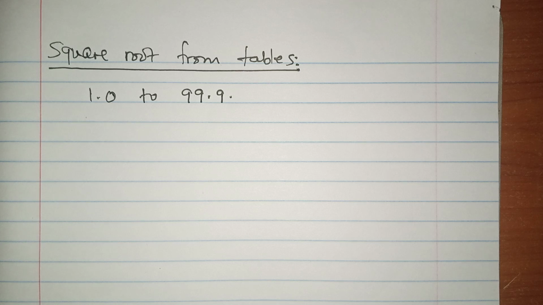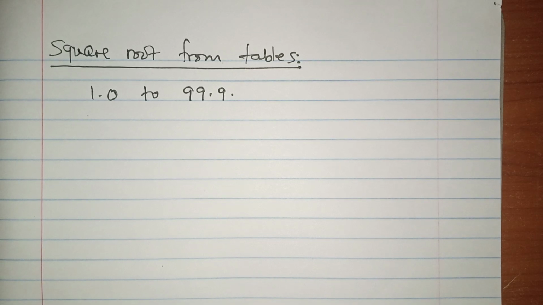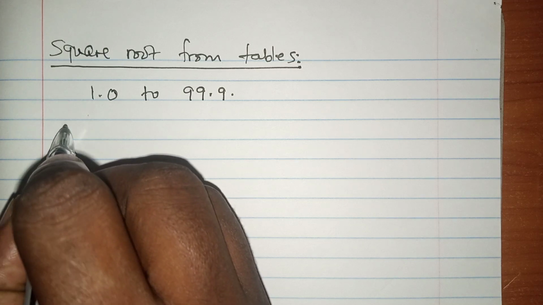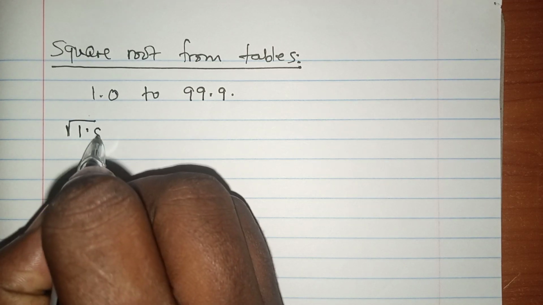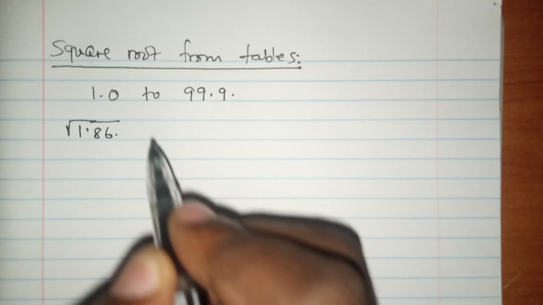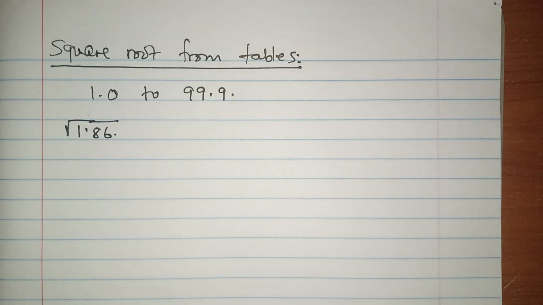And I want us to just look at an example. The square root of 1.86. How do we get the square root of such a number?